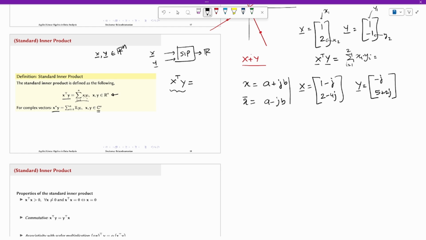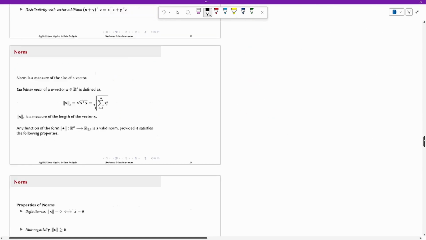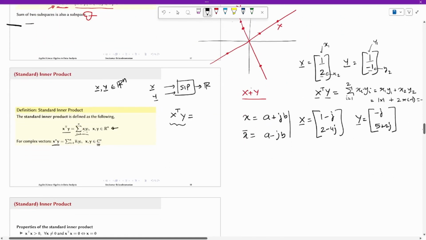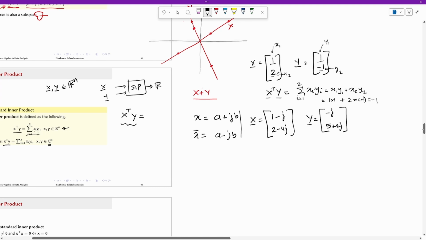That means this expands to x1 y1 plus x2 y2. You multiply x1 with y1, that's 1 times 1, plus x2 times y2, 2 times minus 1. It will be 1 plus minus 2, it will be minus 1. So this is the standard inner product of x and y.